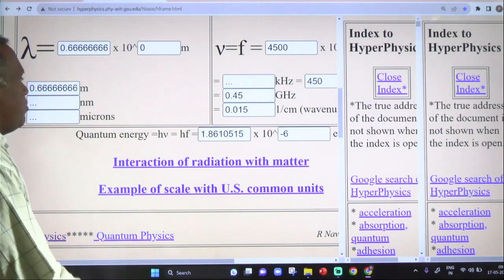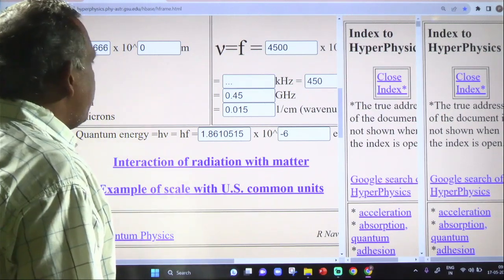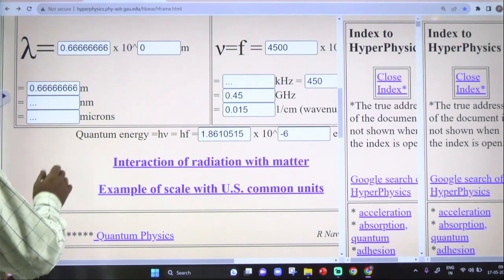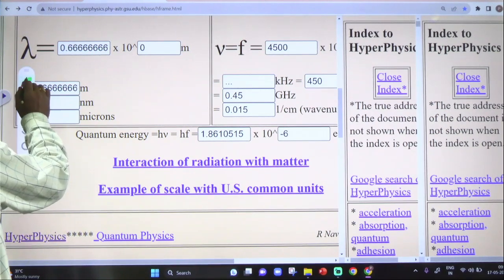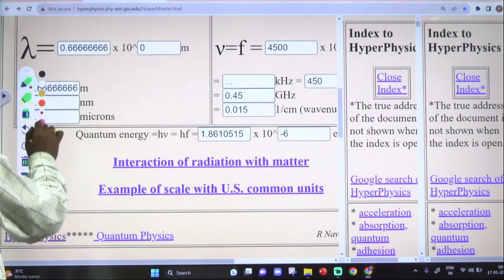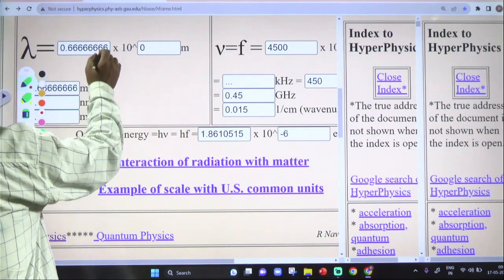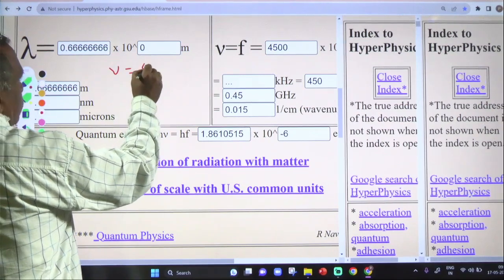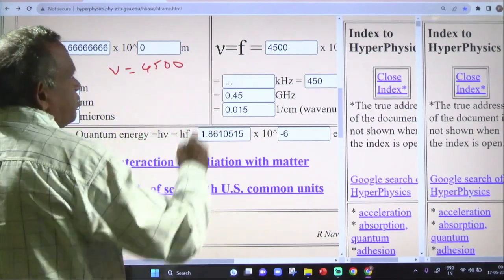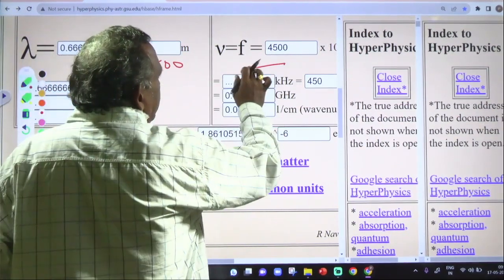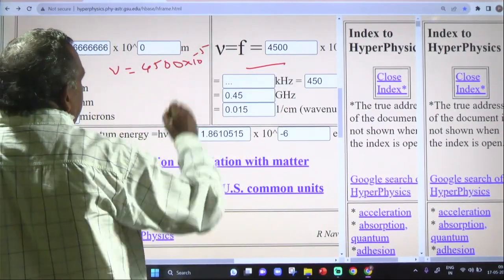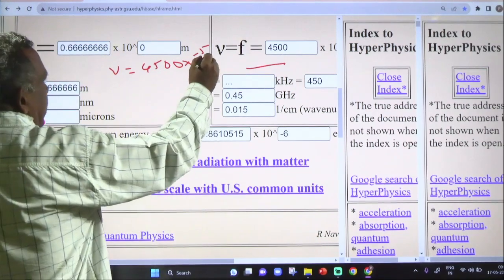Lambda is nothing but wavelength. Since the speed of light is constant, you can get the value of lambda also. Let us take the frequency as 4500 into 10 power minus 5 hertz.